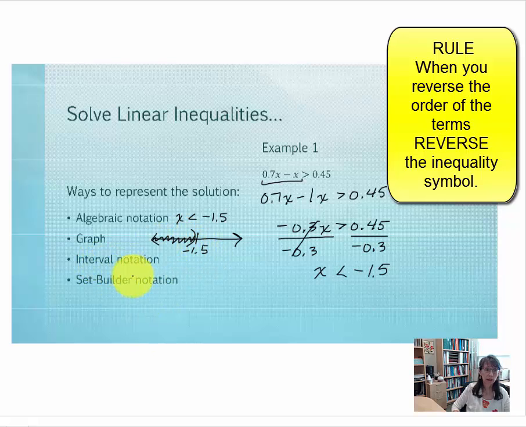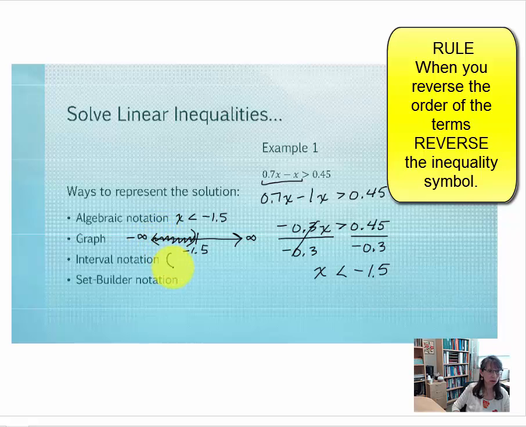For the interval notation, we are describing where all of the shading is. Remember that an arrow indicates that the shading goes forever in that direction. So if your shading goes to the left, it's really going to -infinity. If your shading goes to the right, that would be going to +infinity. So our shading heads to the left.